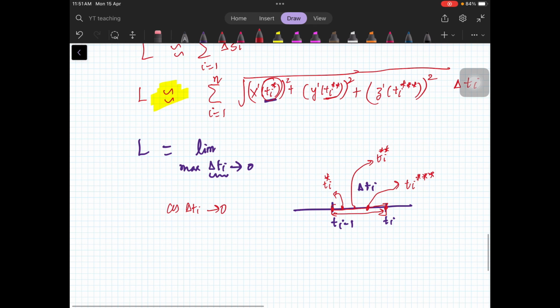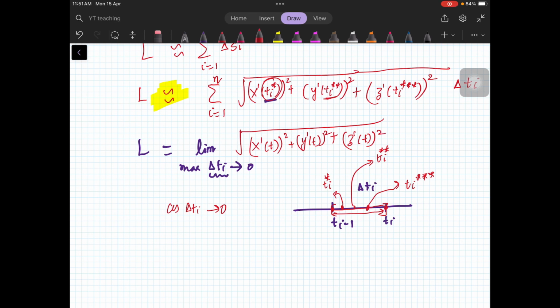So we can write it as the square root of, because they are going to be the same point, I can just use one variable t: x prime t squared plus y prime t squared plus z prime t squared. And then in the limiting case, we also have the sum over i from 1 to n of delta ti.